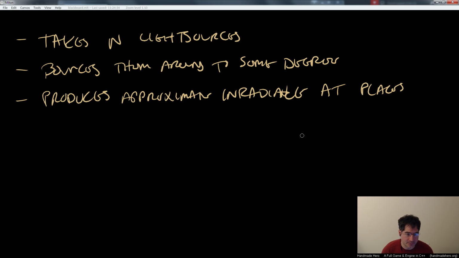That's what we're looking for. We want to be able to throw some light sources into this. Bonus points if those light sources can be creative, like Sky Dome, right?